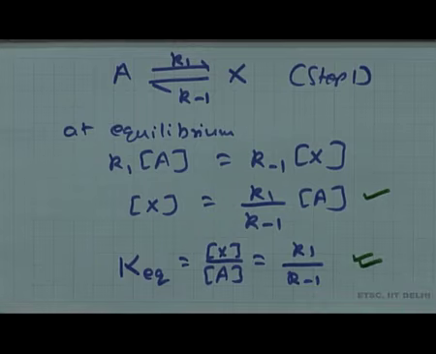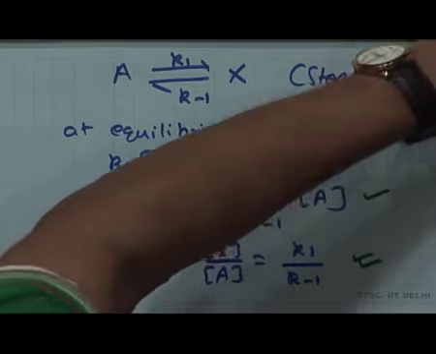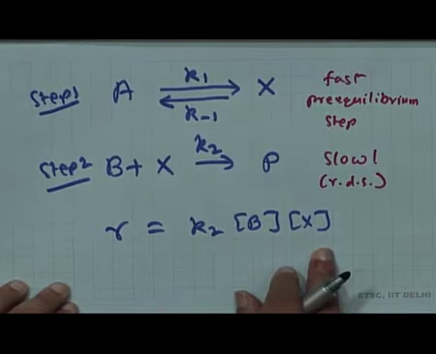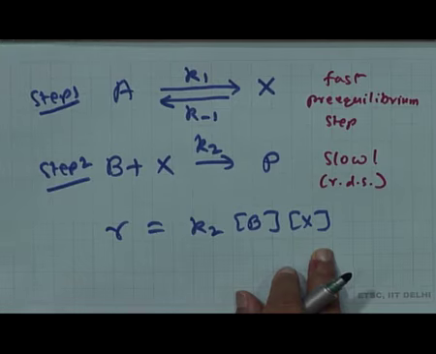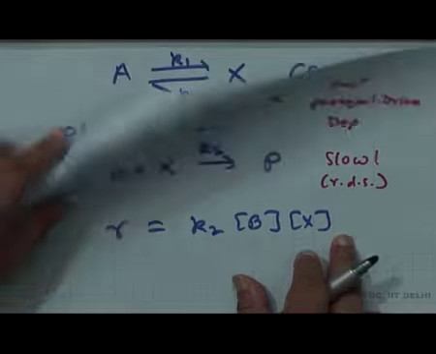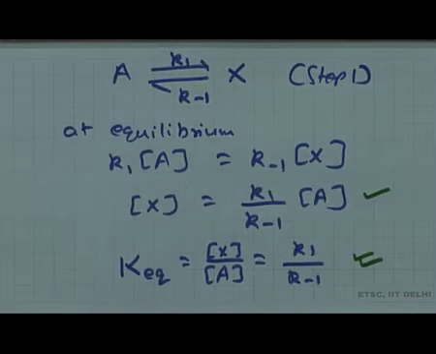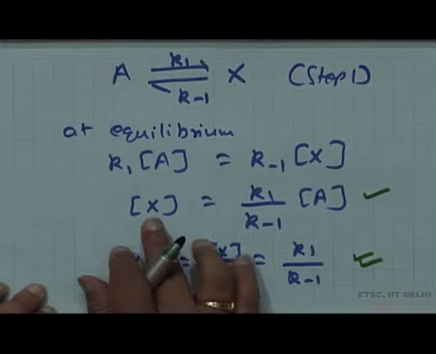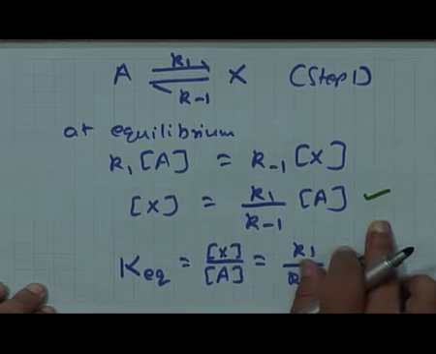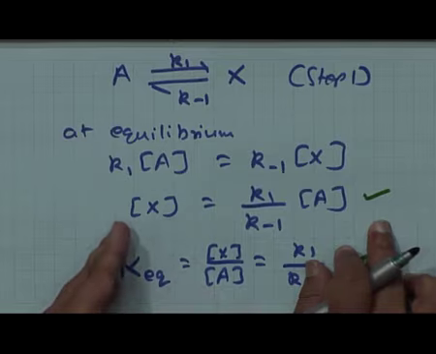Now by doing this, what you have done is, if you go back to the rate determining step which determined my proposed rate law, which is K2 times B times x, this x had to be replaced. Now based on this pre-equilibrium concentration, what do I have? I have x is equal to K1 over K minus 1 into A. Then I take this and replace x by this expression.